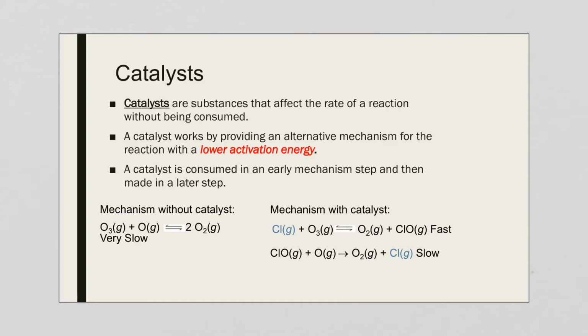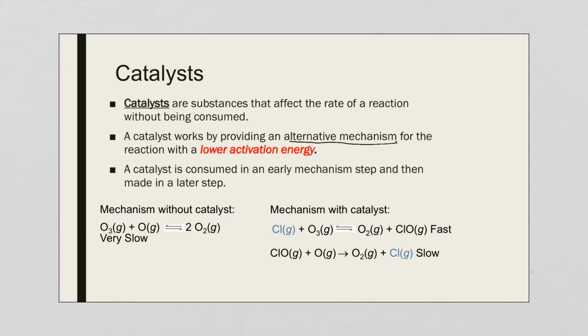Now, unlike concentration and temperature, catalysts work in a little different way. So earlier we talked about the idea of an activation energy for a reaction, right? That a reaction has a hill it has to overcome in order to go from reactants to products. Now what catalysts do is they provide an alternative mechanism.